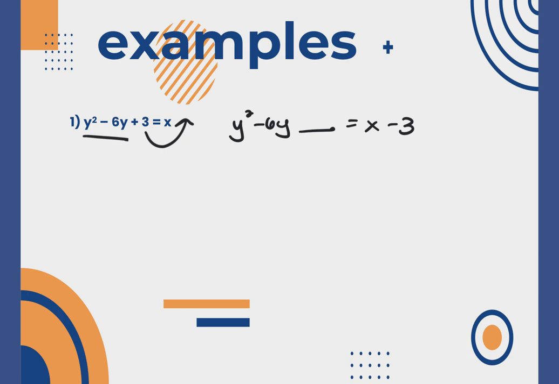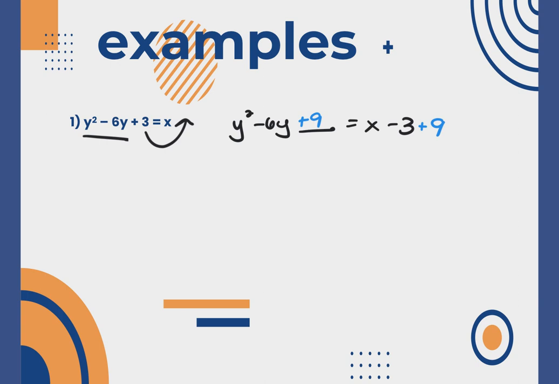Now I've got to complete the square. So I take that 6, I divide it by 2, that's 3. I square it, that's 9. And that's what I'm going to add to both sides of the equation so that I balance my equation out. So what you do to one side, you have to do to the other. On the left, we've now made this a perfect square trinomial.